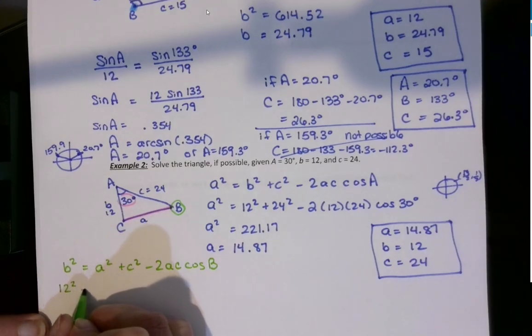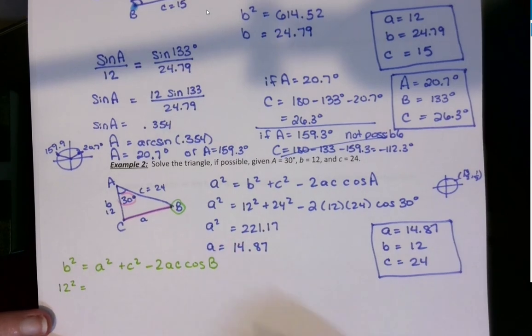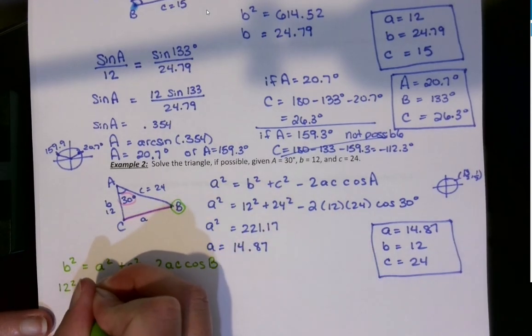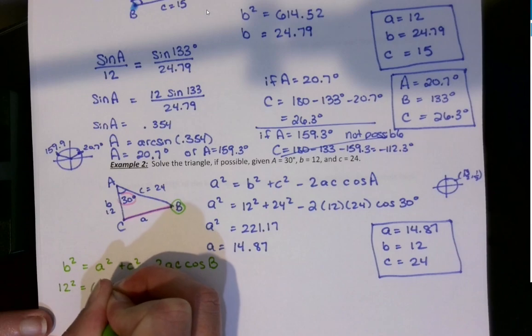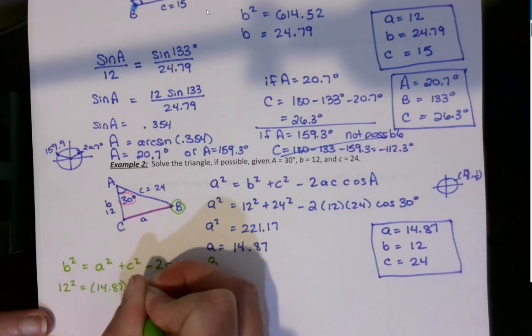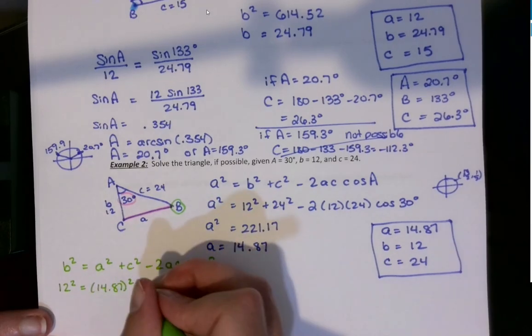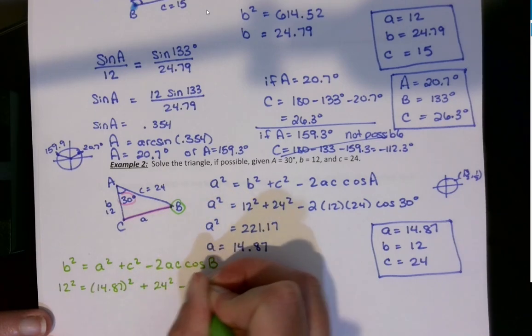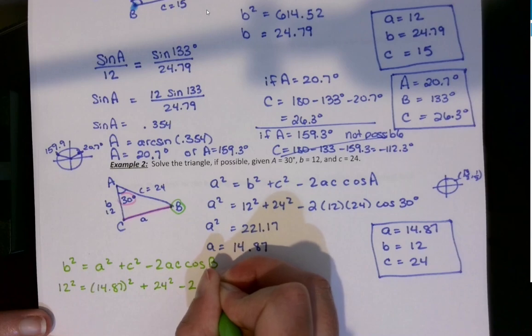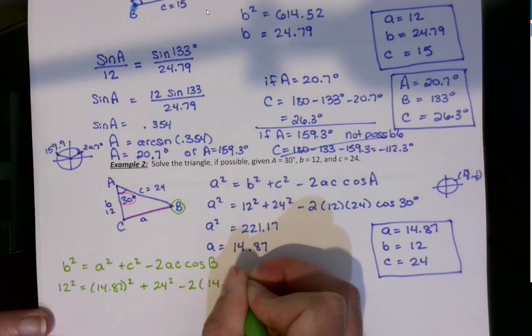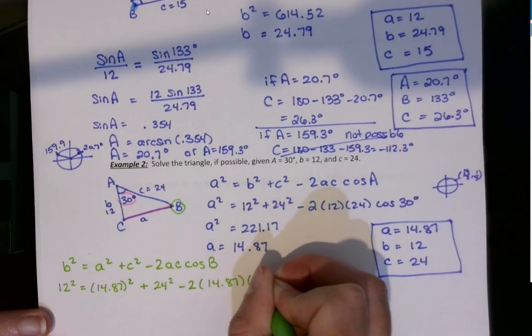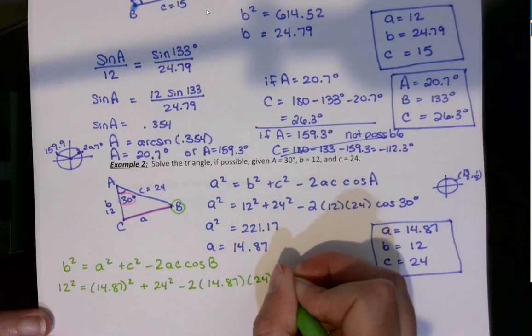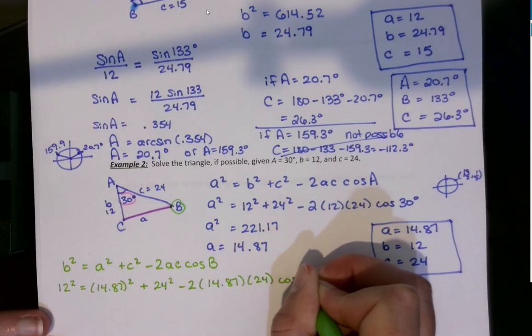So 12 squared equals a squared, side A is 14.87 squared, plus side C, that's 24 squared, minus 2 times side A, that's 14.87, times side C, that's 24, and then the cosine of angle B.